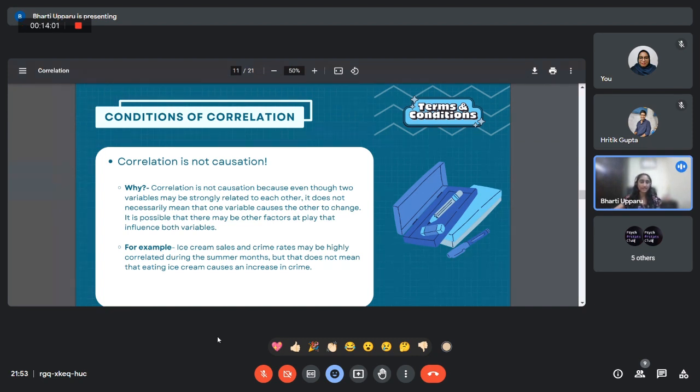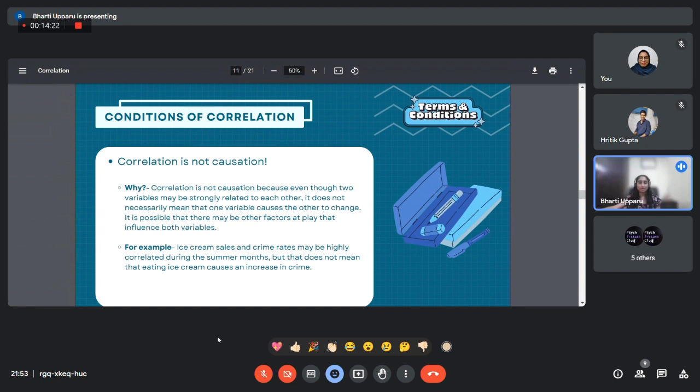We can take the example of ice cream sales and crime rates. They might be highly correlated during the summer months, right? But it does not mean that eating ice cream causes an increase in crime. There might be other factors that influence these two variables.